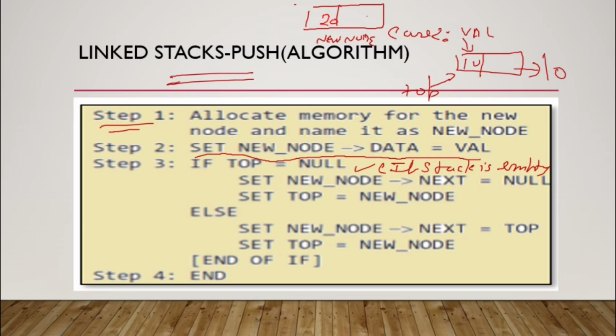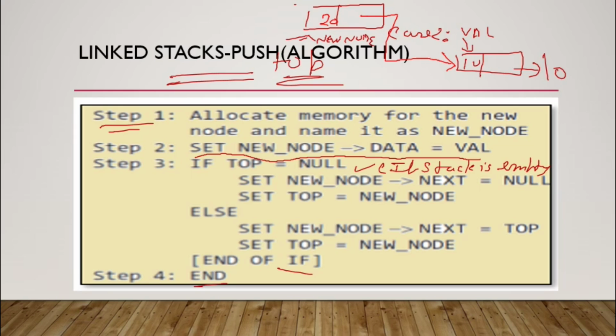The new node of next is this field that you are connecting. And top, which was here in case 2, now is updated and will come here. Now that is the first node, so your top will be here. We have successfully inserted the 20. That is the new node.